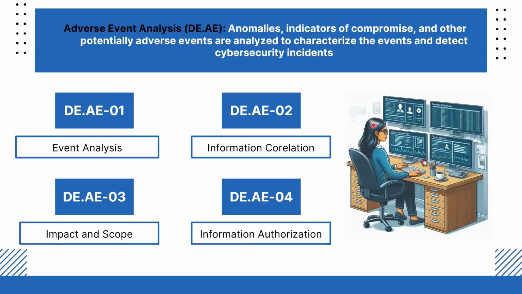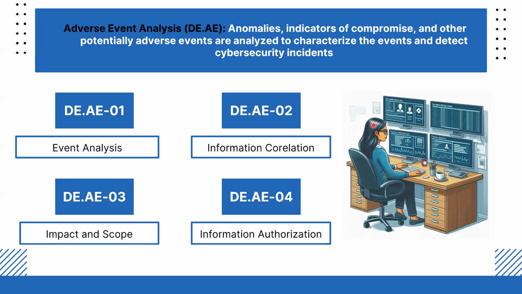So next we have adverse event analysis. Once we started the monitoring, with this monitoring mechanism we can identify all the anomalous activities, but there might be a chance that there are many false positives.